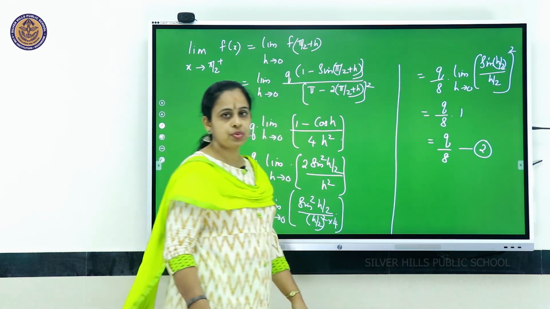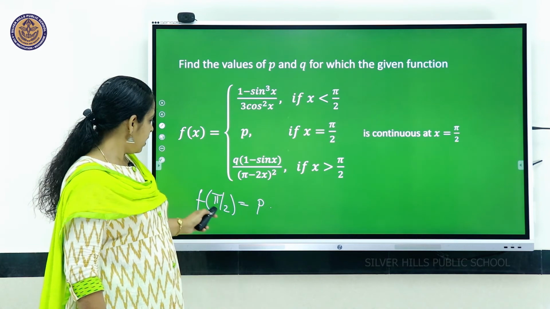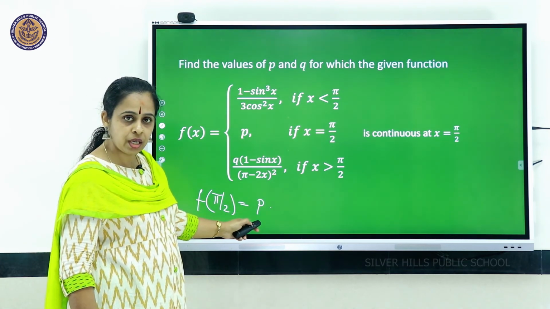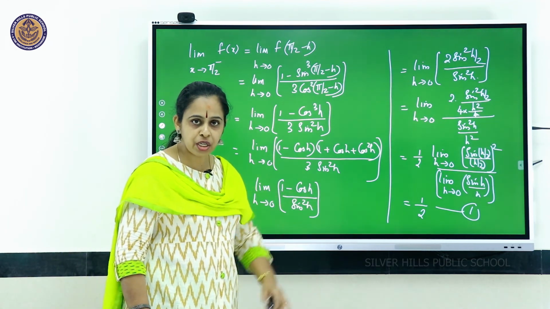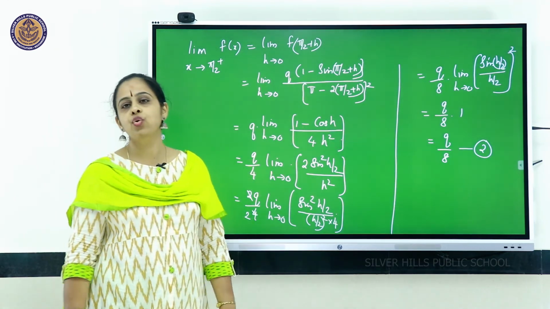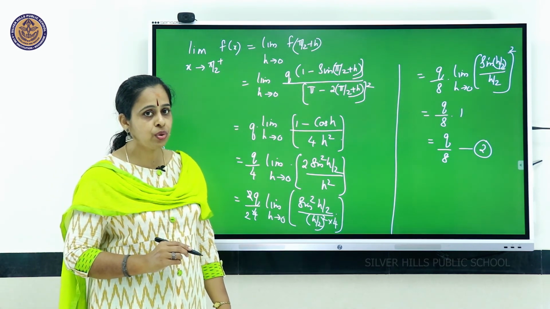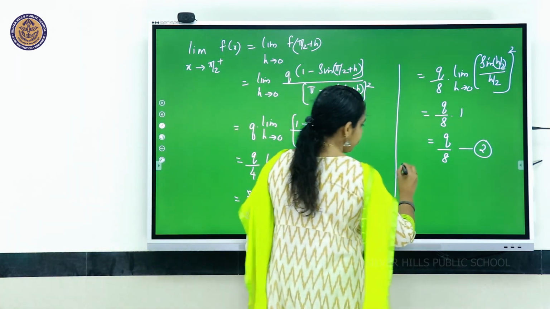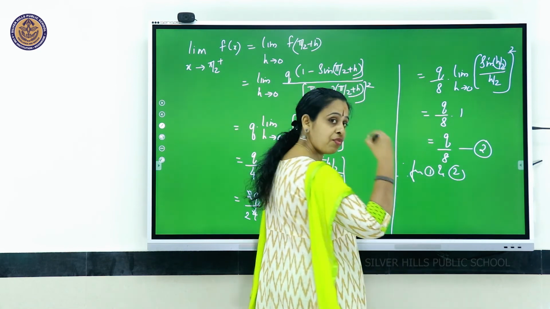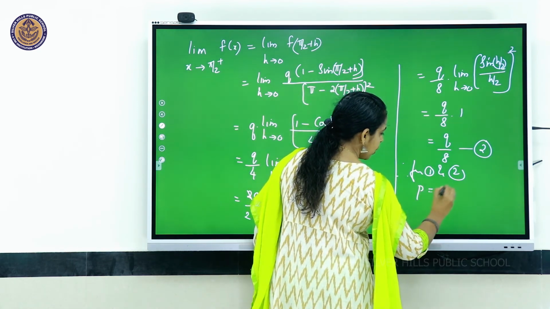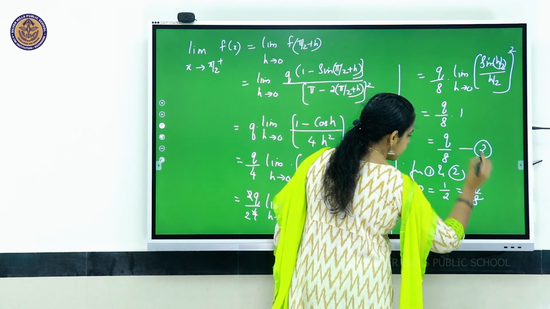Equation 2. Now, what did we get? We can see at pi by 2, LHL is 1 by 2, RHL is q by 8. It was given the function is continuous at pi by 2, so we shall equate. Therefore, from 1 and 2 and from the value of p, p equal to 1 by 2 equal to q by 8.